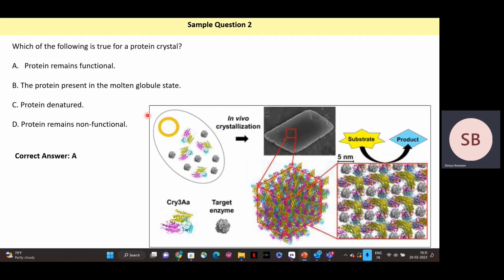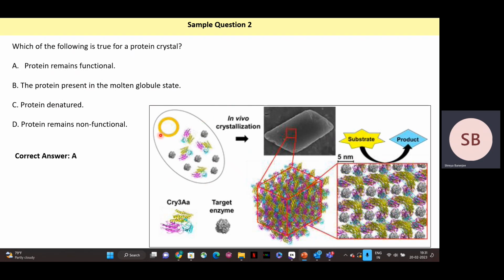As we learned before, in a protein crystal, around 70 to 80% of the crystal is basically solvent. And because of that, there are not that many intercrystal forces causing rigidity in the protein. So even in the crystal state, the protein can accommodate conformational changes, and that is what enables the protein to remain functional.